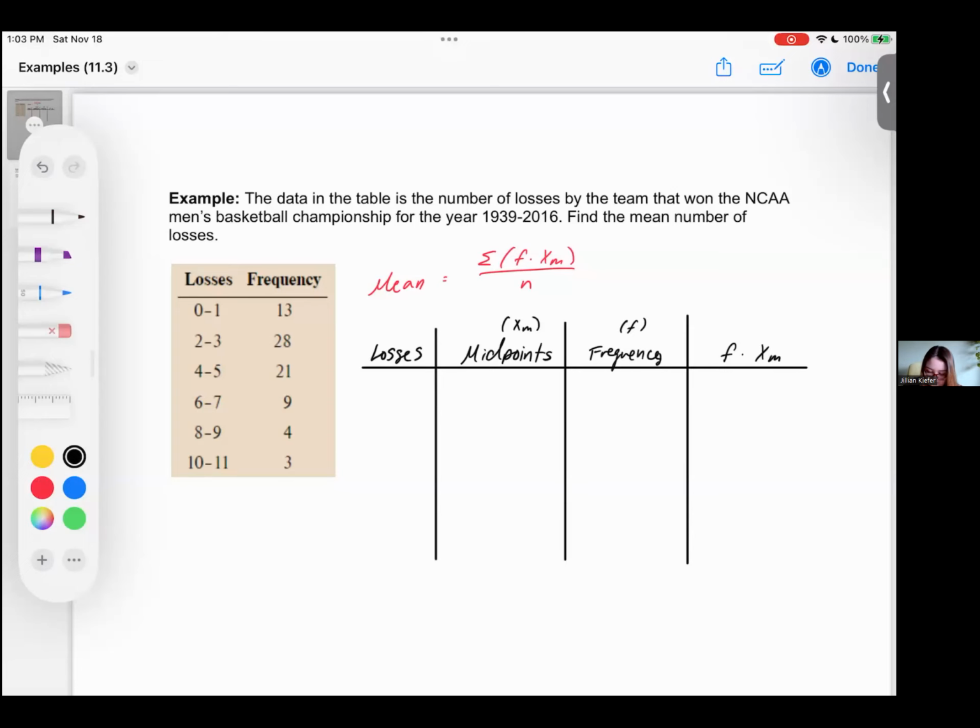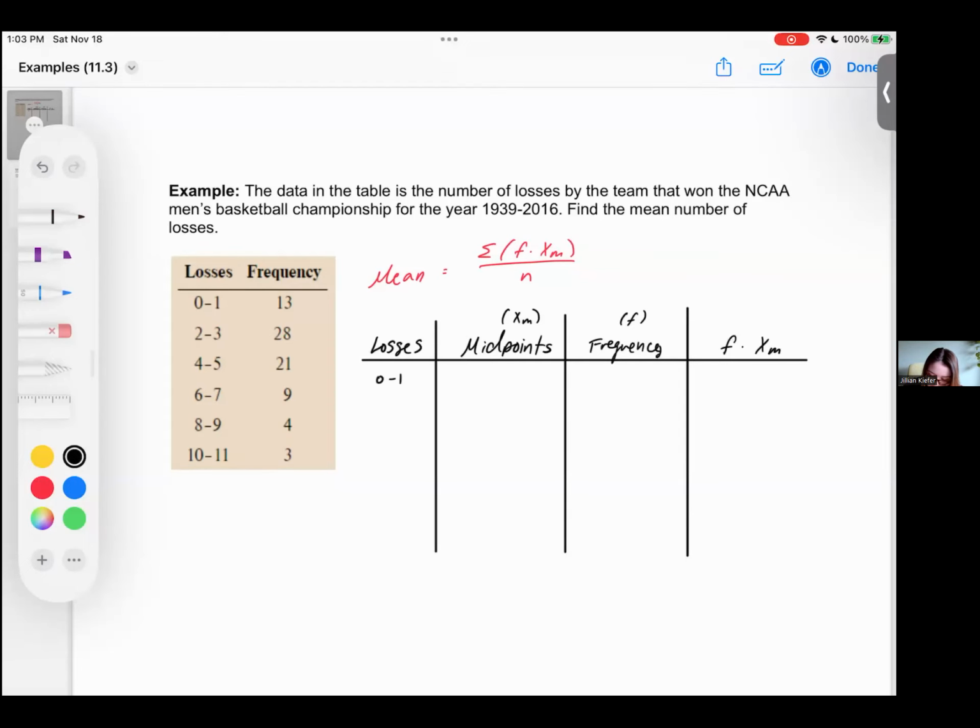So our losses between 0 and 1, 2 and 3, 4 and 5, 6 and 7, 8 and 9, and 10 and 11.